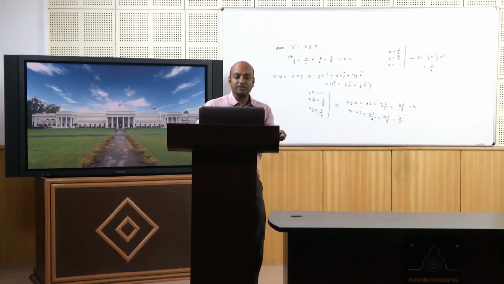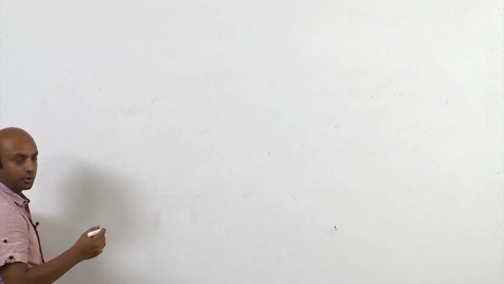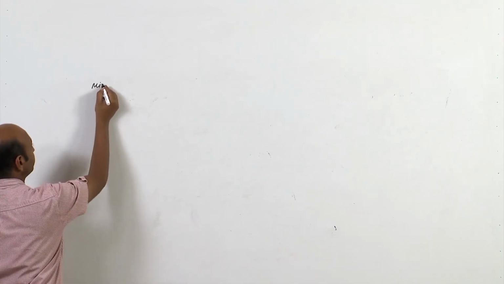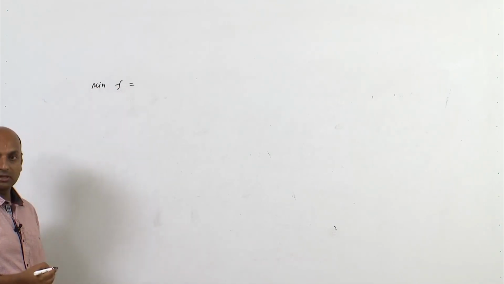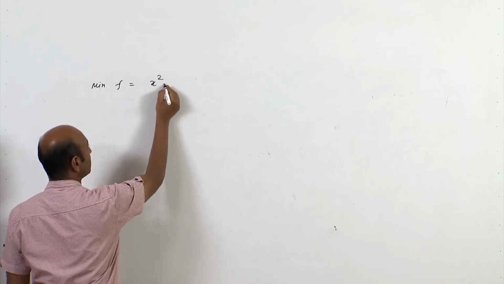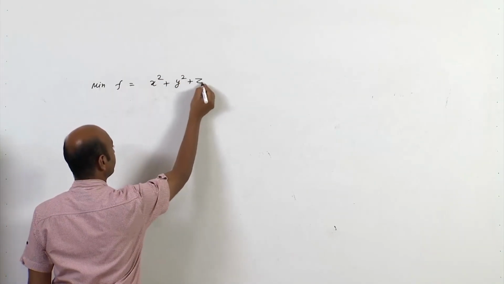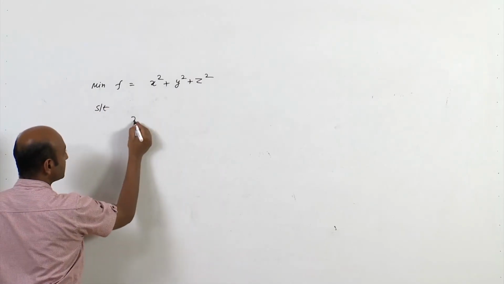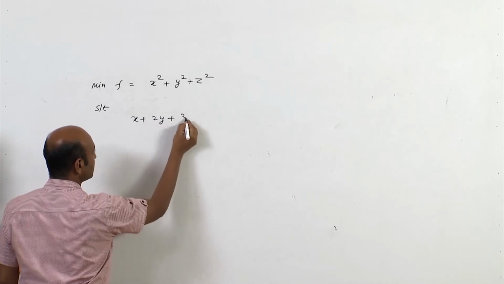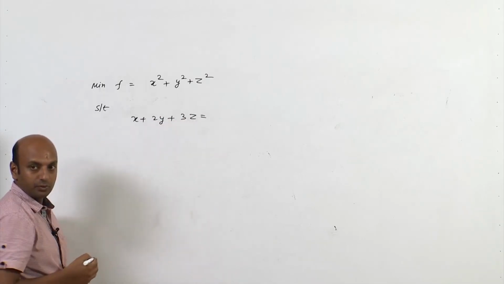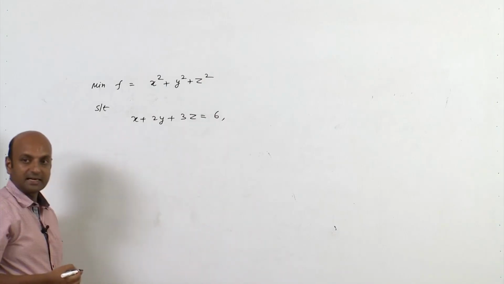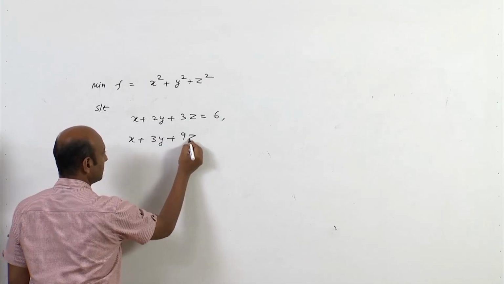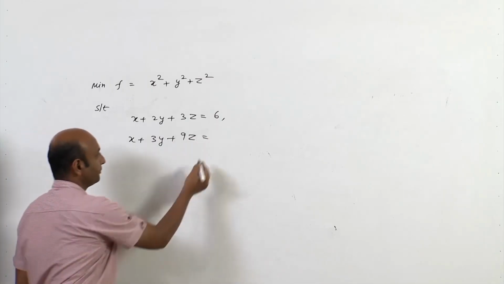Now let us solve the first problem in this case. Here we have to find the minimum value of the function x square plus y square plus z square, subject to the conditions x plus 2y plus 3z equals 6, and the second condition x plus 3y plus 9z equals 9.